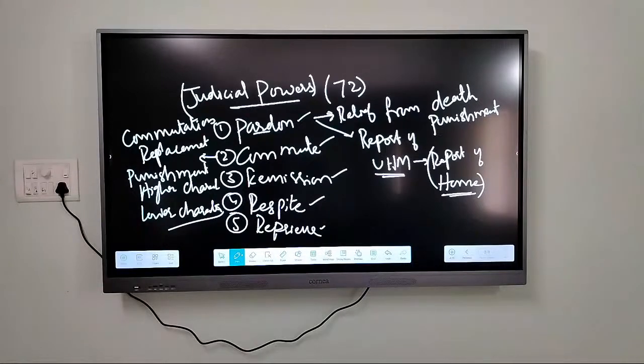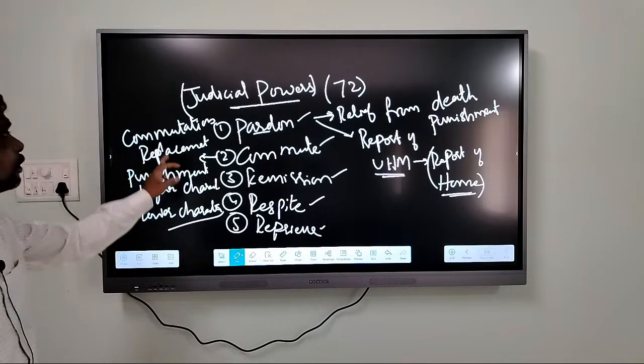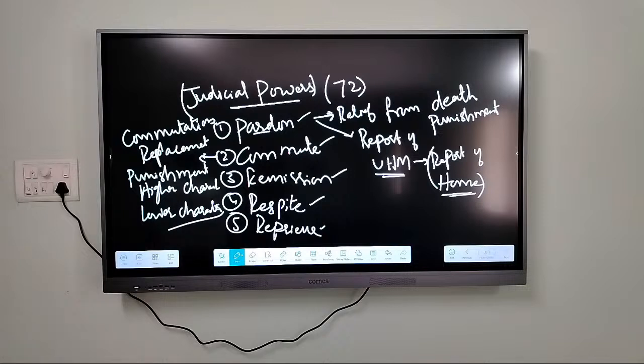That is what is meant by commutation. So it is replacement of higher punishment with lower punishments.